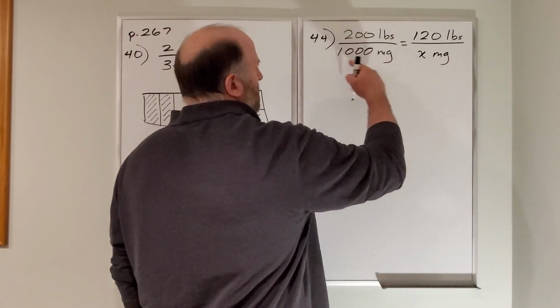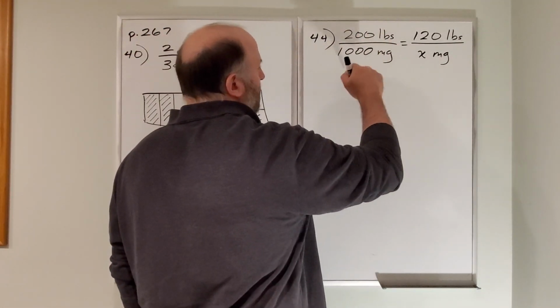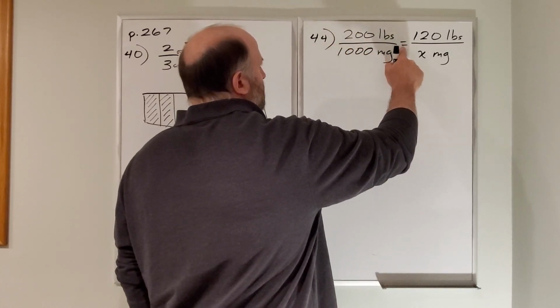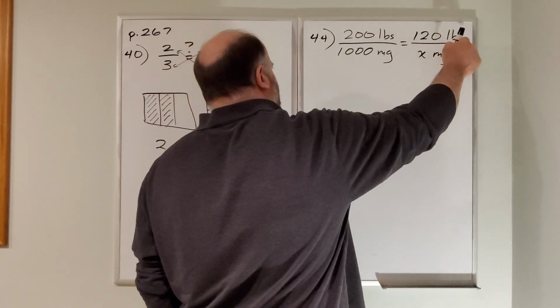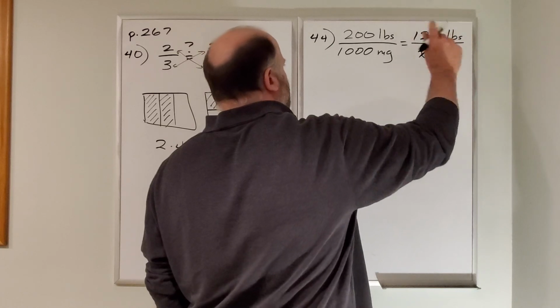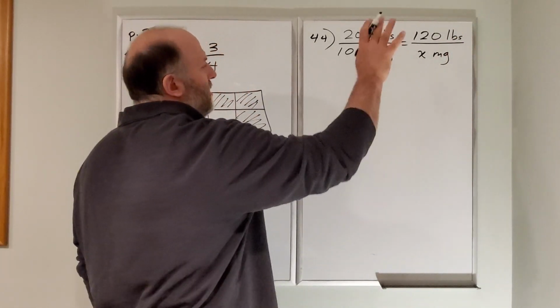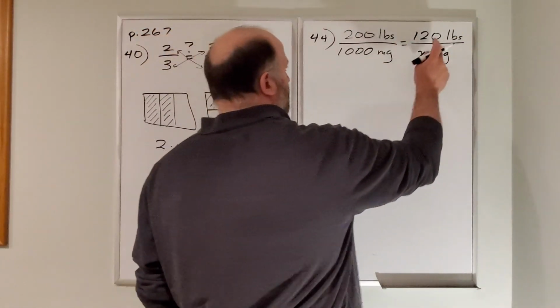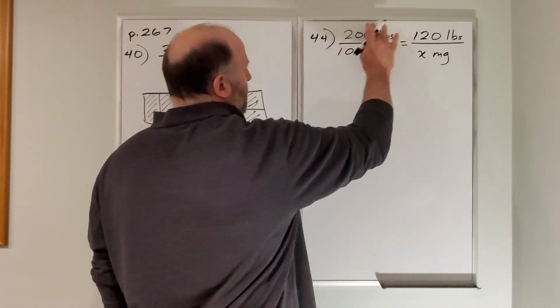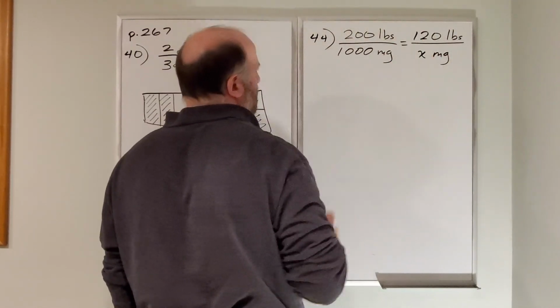So, start with the known rate, or possibly ratio. Say equals. And then again, check to see the units on the other known piece of the other rate. In this case, they told us the weight, so I put that up top. I matched it with the weight.